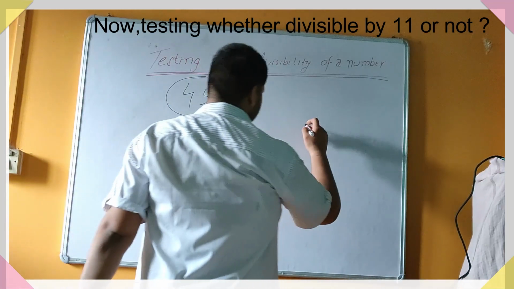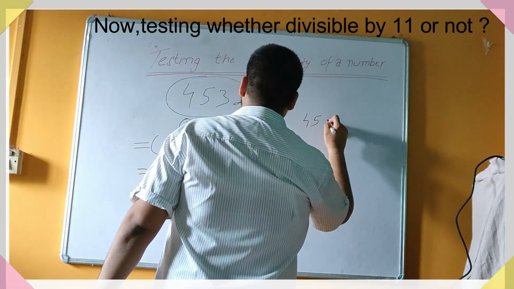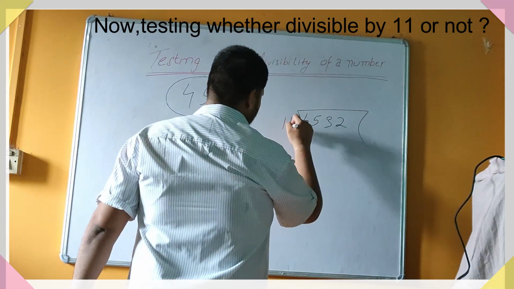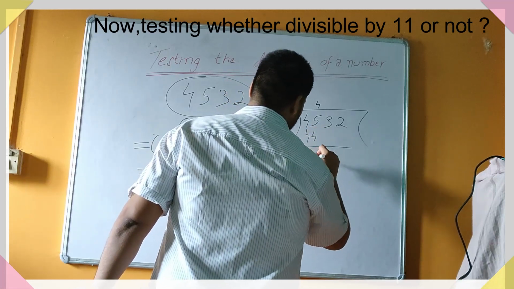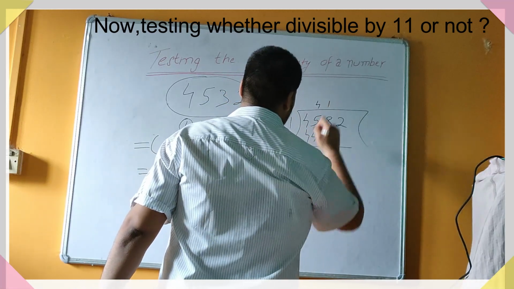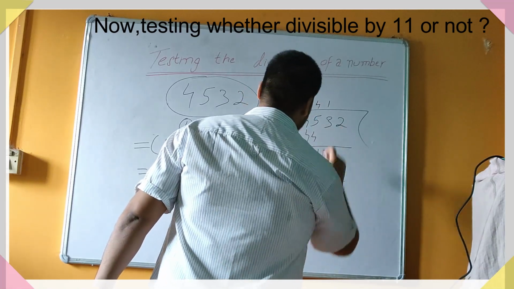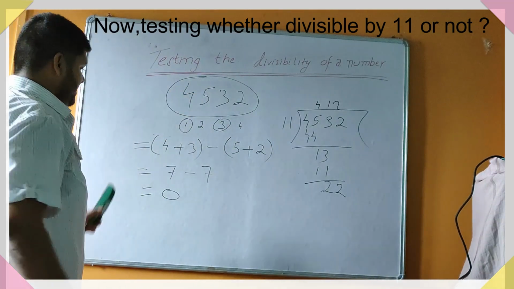Let us see. 4, 5, 3, 2. Here I am taking 11. 4 is 44. 1 is carried. Then 3 is dropping. 1, 11, 1 is 11. 2 is coming. This 2 is dropping. So 11 2 is. Yes. This number will be divisible by 11.